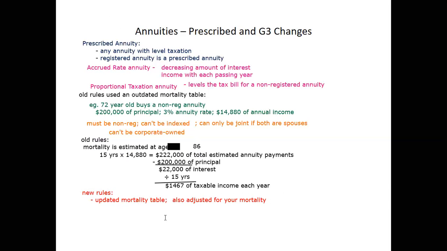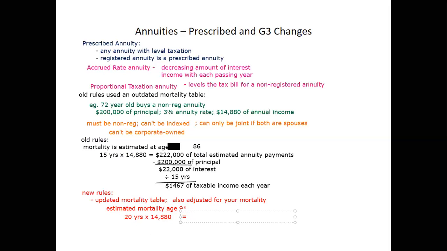What would happen now is you might use an estimated mortality age of, let's say, 91. That'd be about right, I think. So it's the same calculation, but with many more years: 20 years at $14,880.